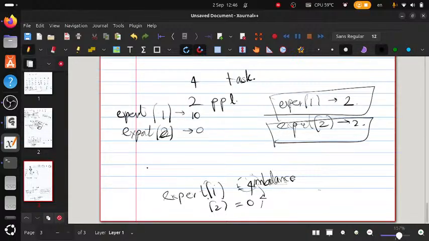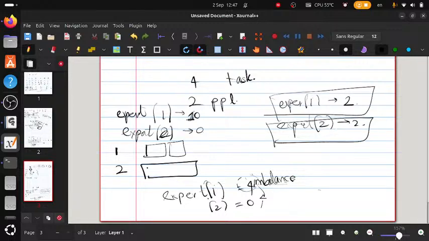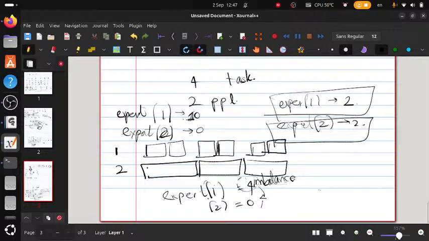So the ideal would be that every 2 tasks we get someone else.